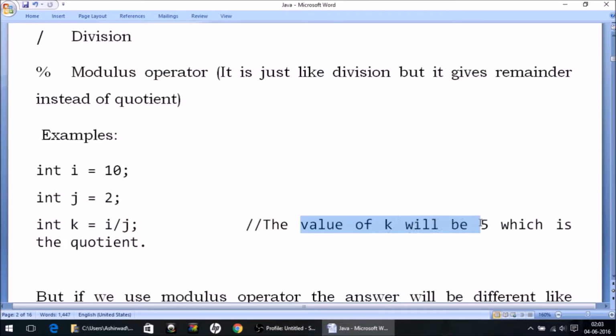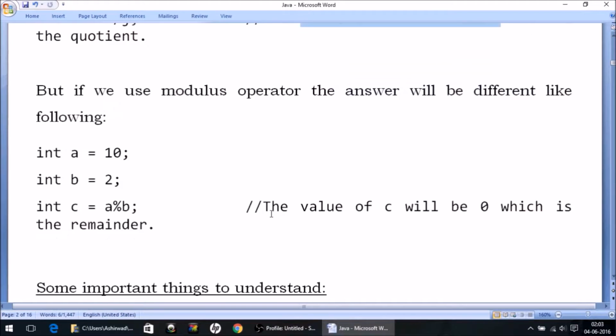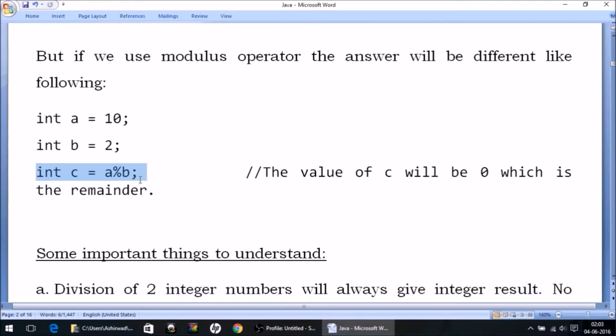So the value of k will be 5. But if in the same statement we use the modulus operator, it will not store the quotient, it will give us the remainder. So 10 is divided by 2, and since the remainder is 0, it means 10 is fully divisible by 2. So 0 is stored in c, so c will be 0. We often get confused between these two operators, so please remember the difference.